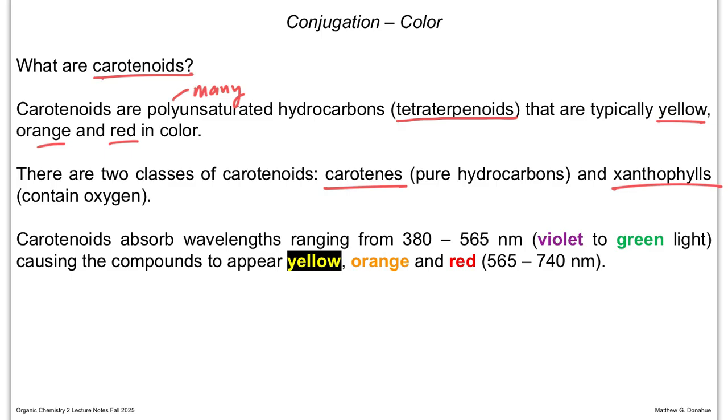We talked about the color we perceive: the molecule is transmitting light, but it's absorbing the complementary color. Because they appear yellow, orange, and red, in this region of the electromagnetic spectrum, they absorb violet to green light, and that's the other region.